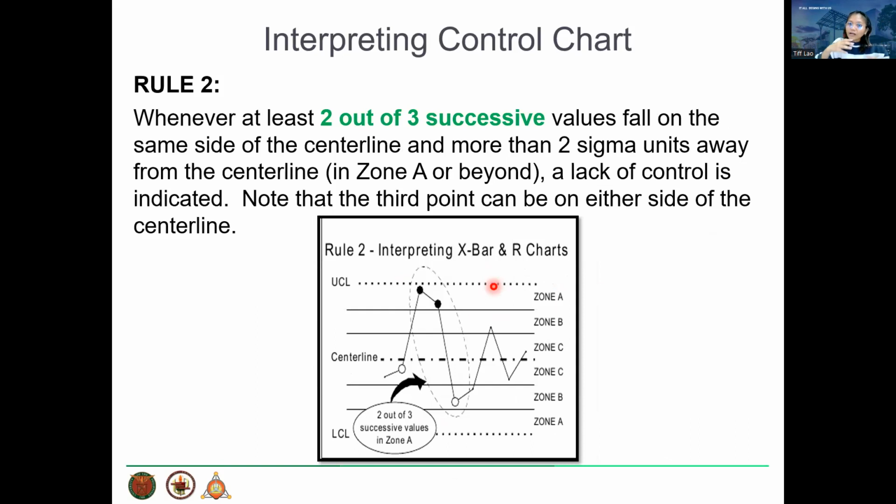For rules 2 and 3, we deal with those points that are within the limits. Rule 2: if 2 out of 3 successive values fall on the same side and more than 2S, so you are in zone A, more than 2S, then your process is out of control.